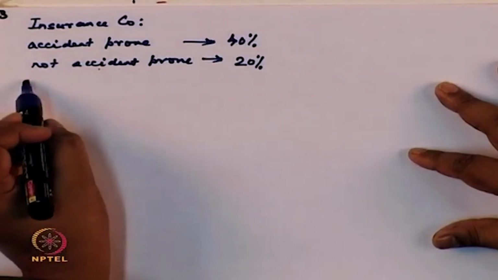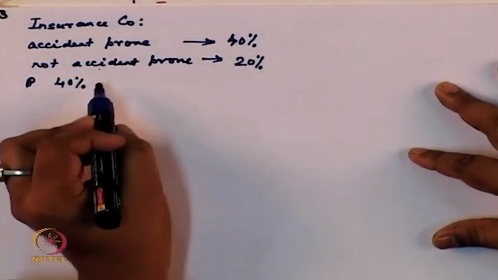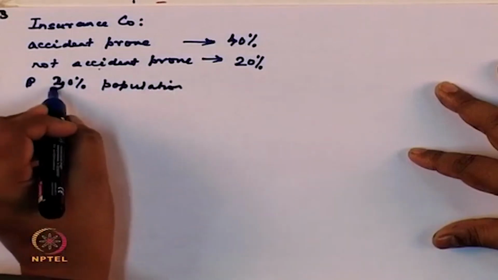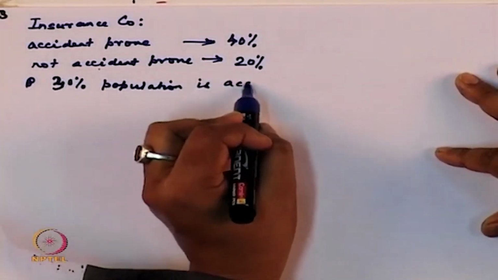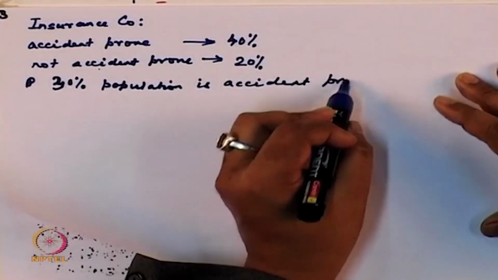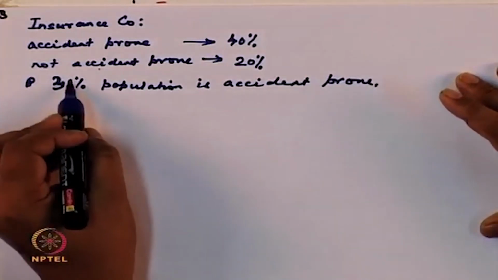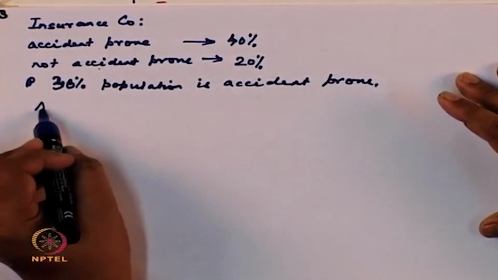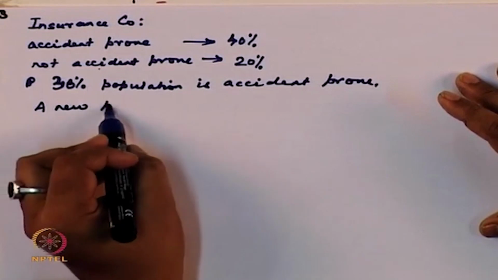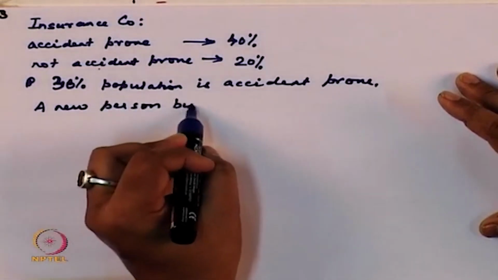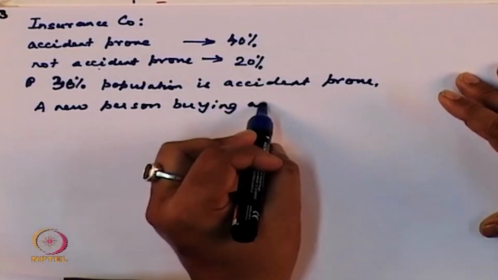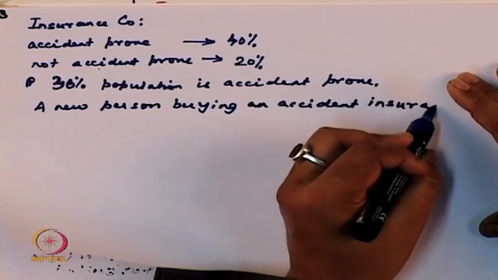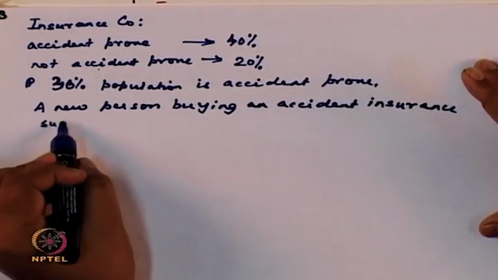So, if 30% of my population is accident prone, I want to calculate the probability that a new person buying an insurance suffers an accident.